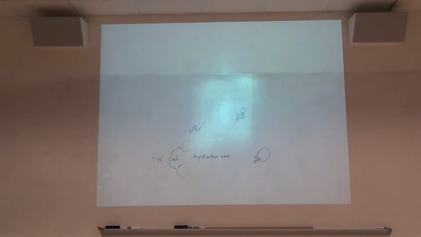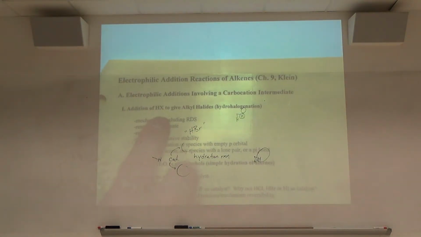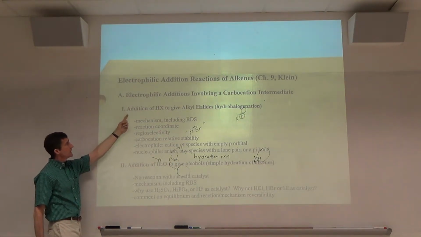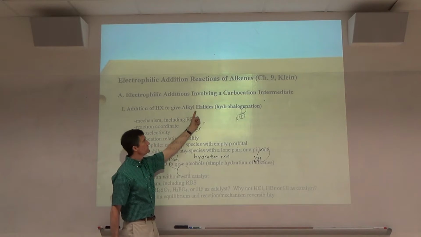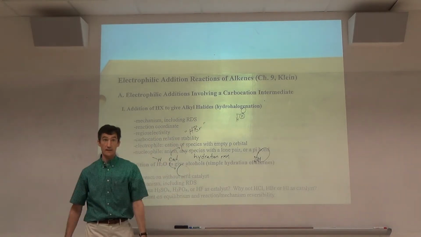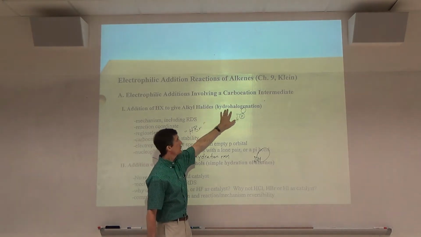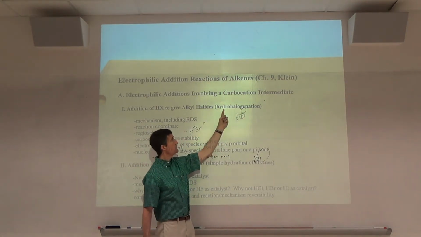The first one is going to be reacting with HX. And if we look on our outline, that's indeed what it says. Remember number 1, addition of HX to give what? An alkyl halide. That's what we showed. Whenever you add HX, it's called a hydrohalogenation because you're adding hydrogen and halogen.